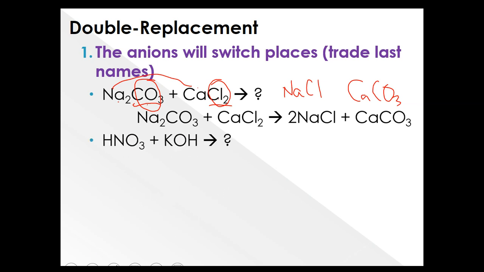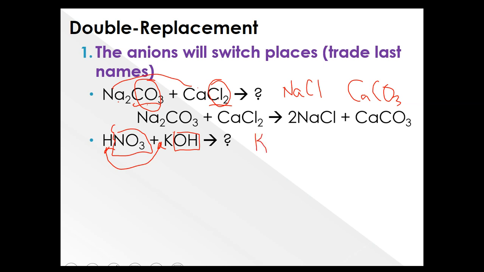Now, same thing here. We're going to split these guys apart, and we're going to keep this guy whole, and we're going to keep this guy whole, and we're just going to switch out the H and the K. All right, so H is now going to be with OH, and K is now going to be with NO3. Okay, so I know, looking at the periodic table, that potassium has a 1 charge, and so does NO3.